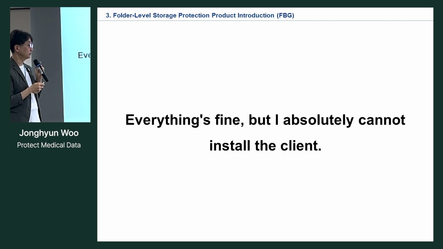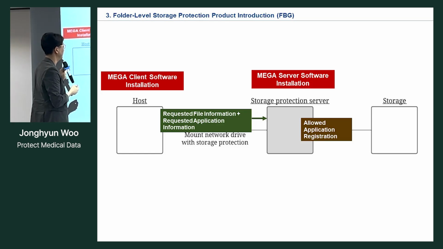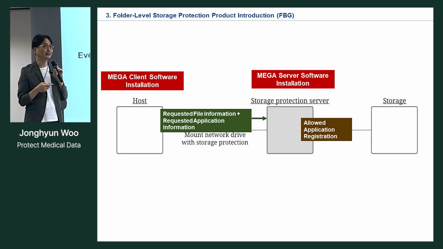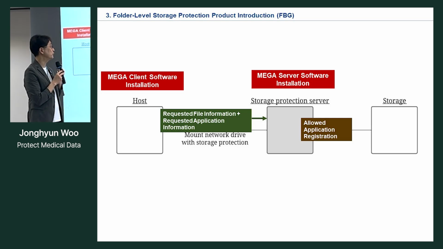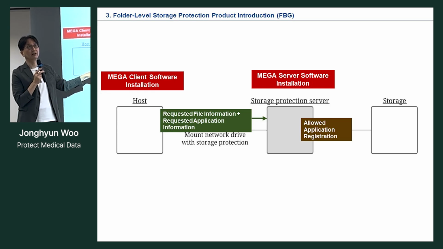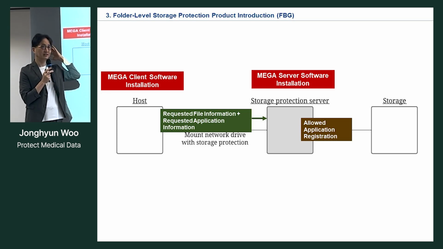Sometimes when we try to deliver this application level storage protection, we face this question: as a Linux admin, I do not allow you to install the client on my machine. After installing that client, if there is any malfunction, I cannot accept that. It's very critical.